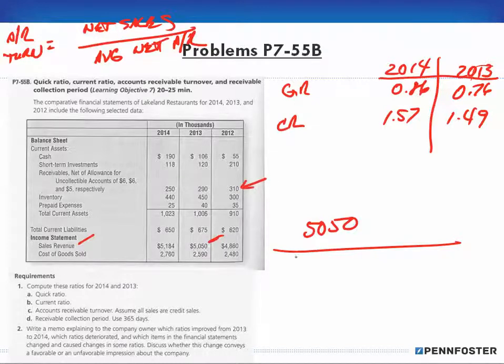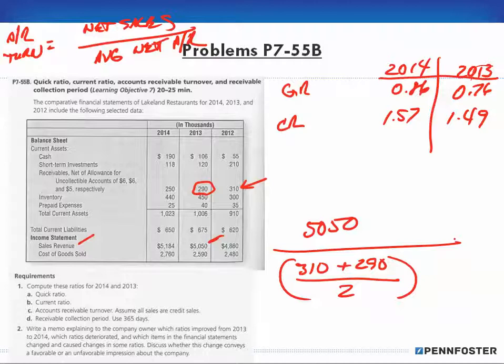This 310 is the ending for 2012, which is the beginning for 2013. And the ending of 2013, which is this 290, is also the beginning of 2014. So we take the 310 plus the 290, and we have to divide it by 2. Remember, beginning plus end divided by 2, right?